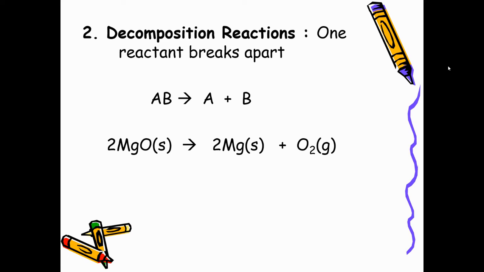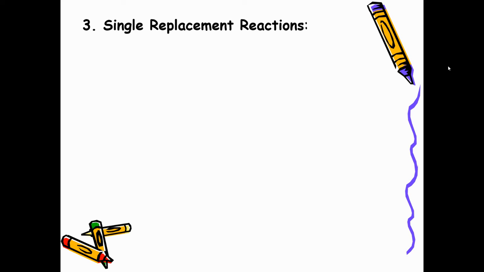The next two are a little bit more involved, and we're going to talk about this as we continue. So there's 2 types of replacement reactions. The first one is a single replacement. So if you look, you have A plus BX, and on the other side, you have AX plus B. So A and B just flip-flop. It is a single replacement.